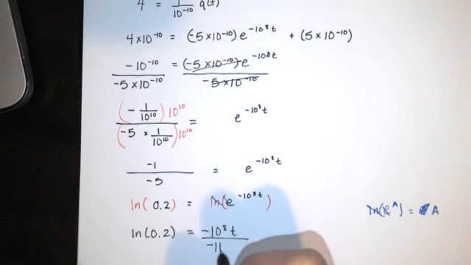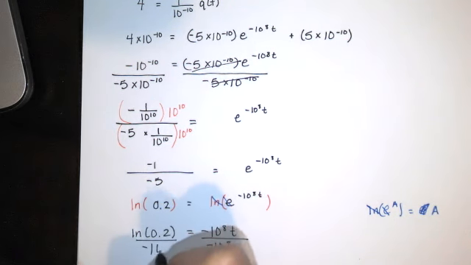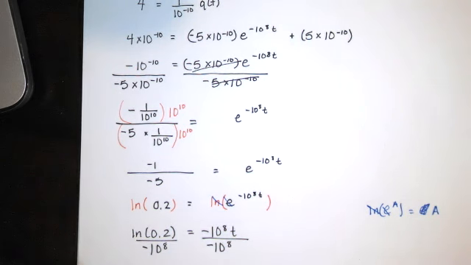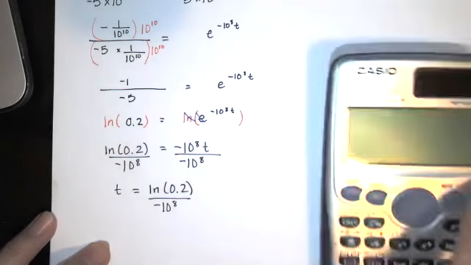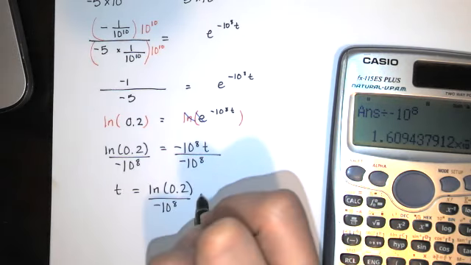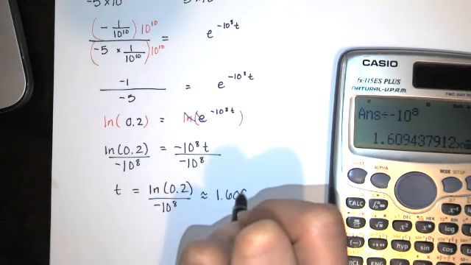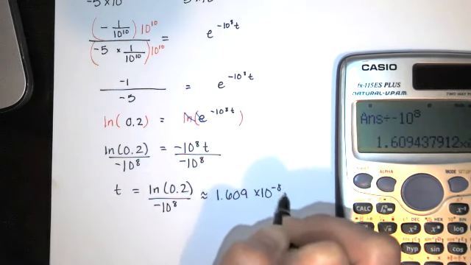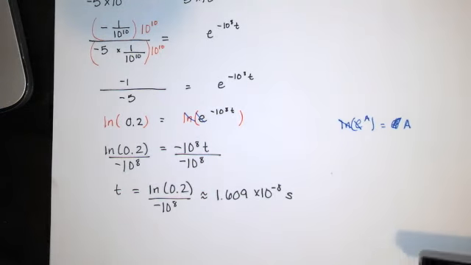And to isolate t, we'll just divide by negative 10 to the 8th, and we get approximately 1.609 times 10 to the negative 8 seconds. Pretty fast.